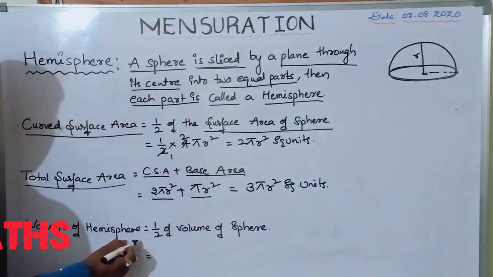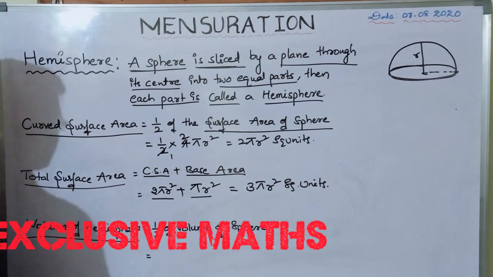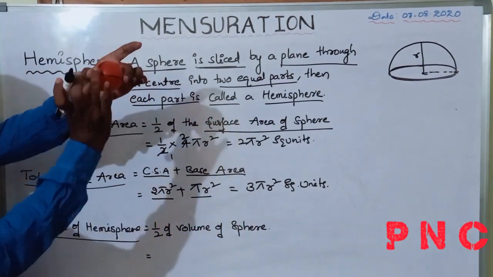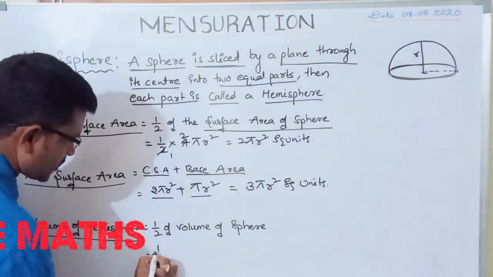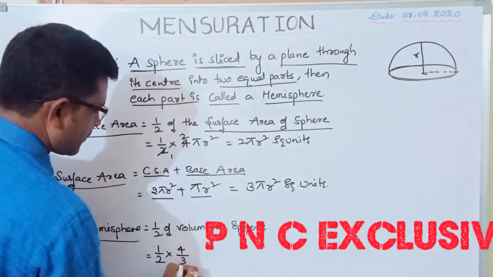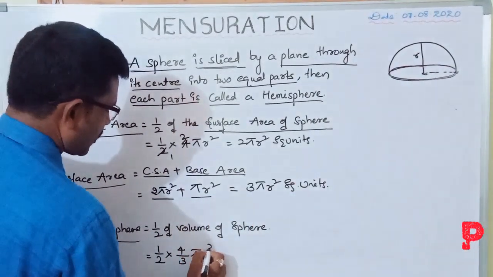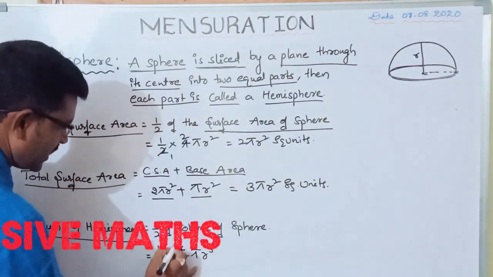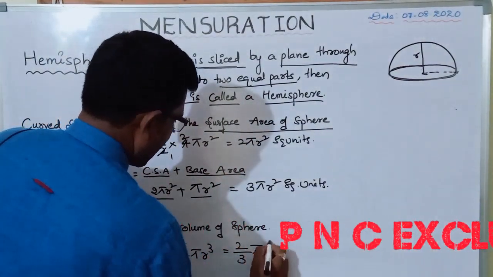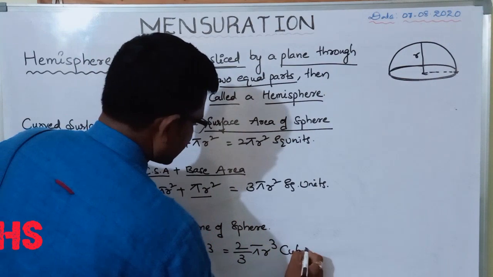Now the volume of a hemisphere is half of the volume of the sphere. So 1 by 2 into the volume of the sphere, 4/3 pi r cube. Here 2 ones are 2, 2 twos are 4. That means 2/3 pi r cube cubic units.